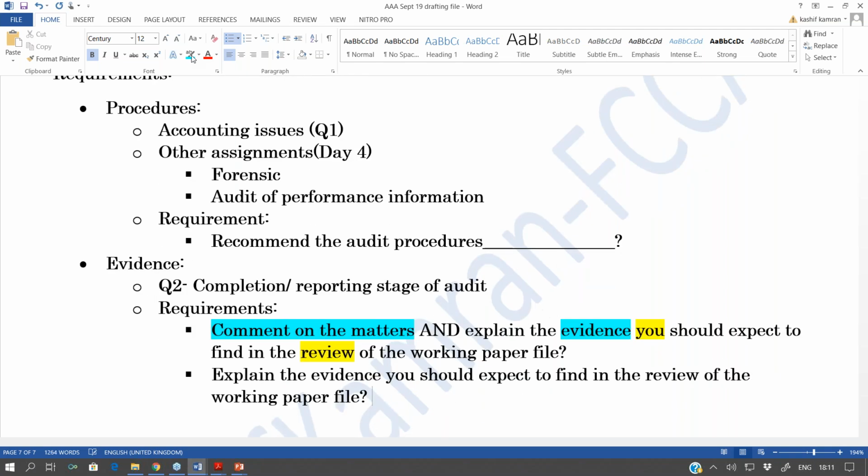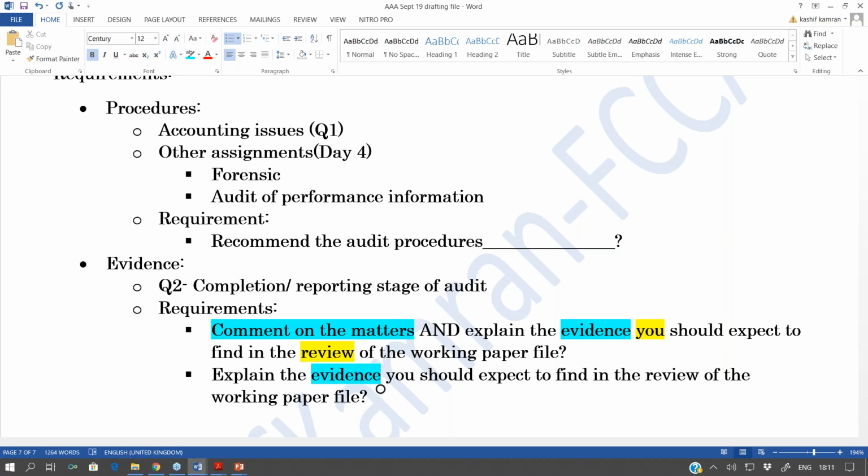So the examiner has shortened the question by removing comment on the matters. So either you get a question with comment on the matters and explain the evidence you should expect to find in the review of the working paper file, or you get a shortened question which is explain the evidence you should expect to find in the review of the working paper file.